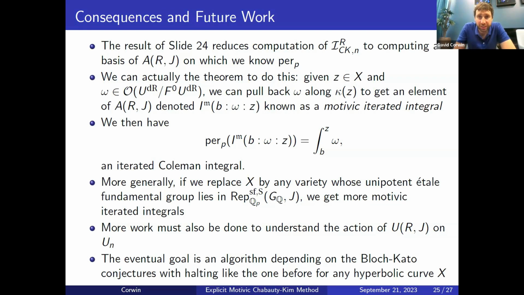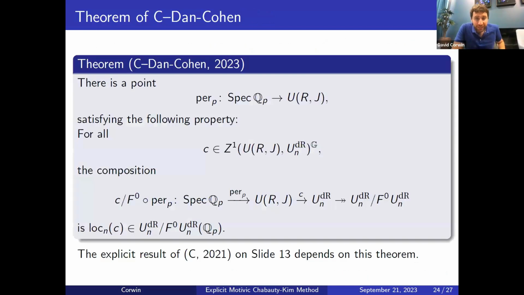The result of the previous slide, in a sense, reduces computation of the Chabauty-Kim ideal, of the Chabauty-Kim functions of I_CKR, to computing a basis of ARJ, or really a basis of a part of ARJ depending on n, on which we know how to compute period P. Now it turns out that the theorem that we prove is actually useful in doing so.